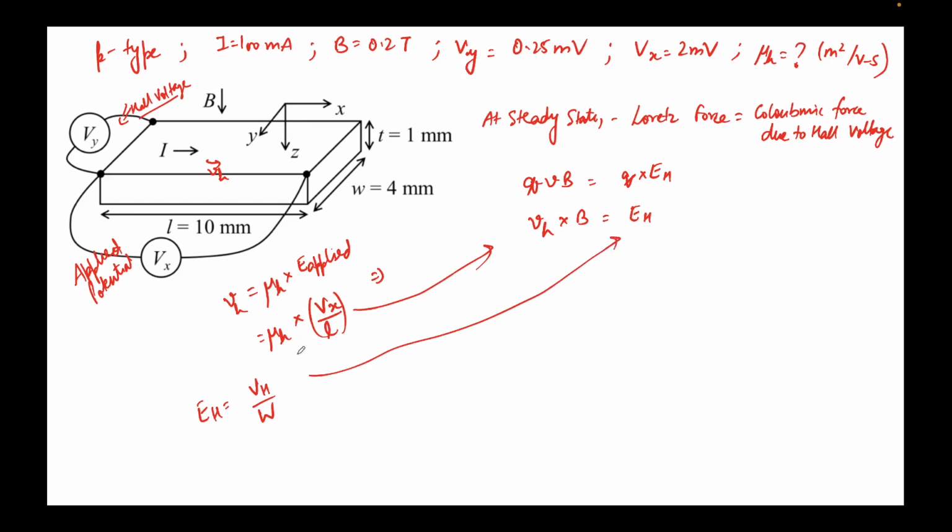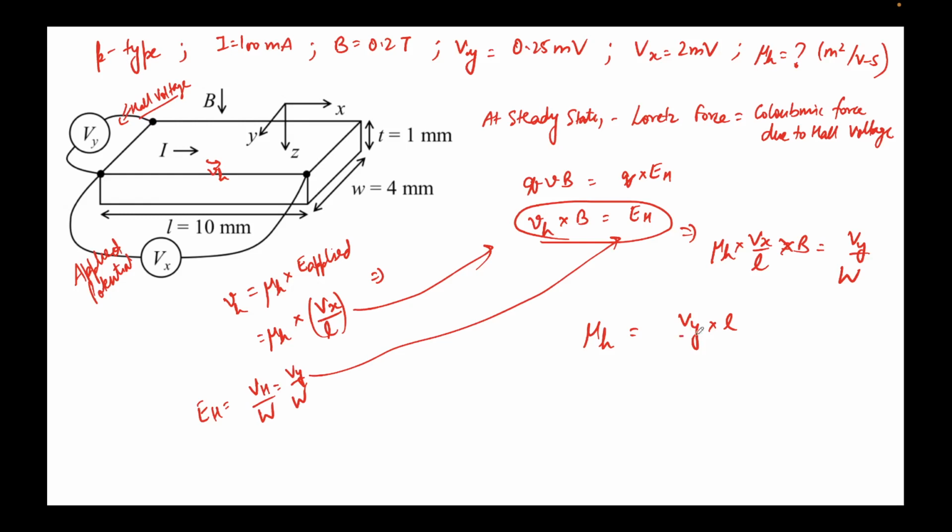VH is nothing but Vy over W. So the expression becomes mu H times Vx over L times B equal to EH, and EH is nothing but Vy over W. Rearranging the terms, I get mu H equal to Vy times L divided by Vx times B times W.